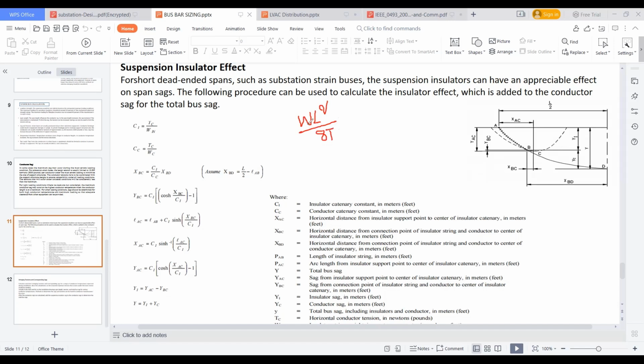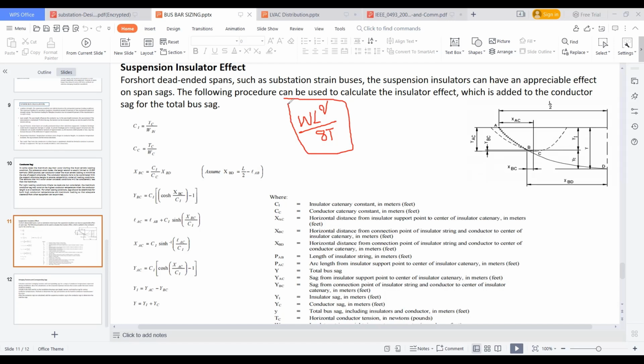W is the weight of the conductor, L is the span length of the conductor, and T is the tension applied on the conductor, like 2% of the UTS, ultimate tensile strength of the conductor. If you place these values in this, you will get the worst condition of sag, the maximum sag.